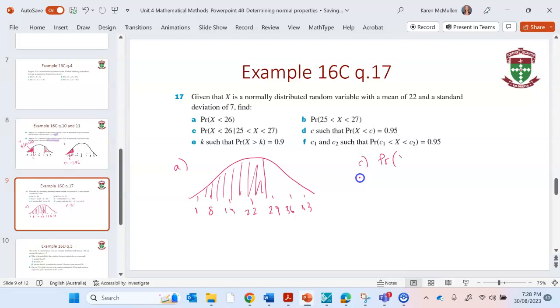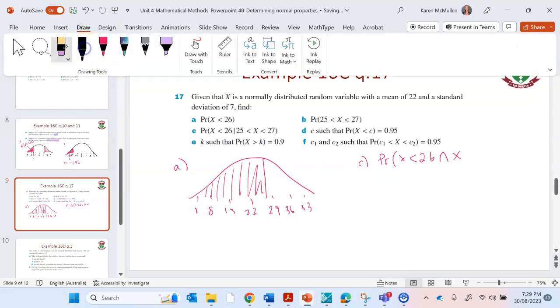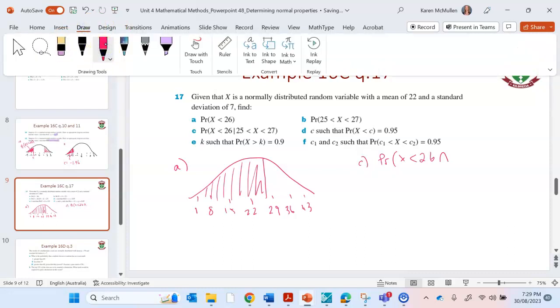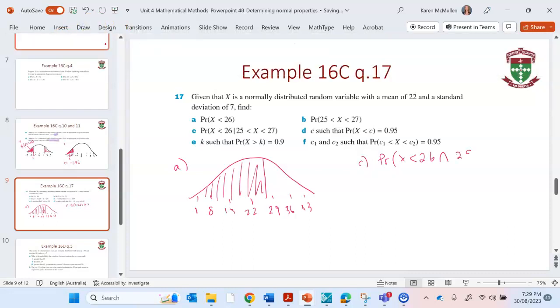So we want the probability that X is less than 26 and X is, let me just change that because I forgot to look before I started writing, X is between 25 and 27, all over the probability that X is between 25 and 27.